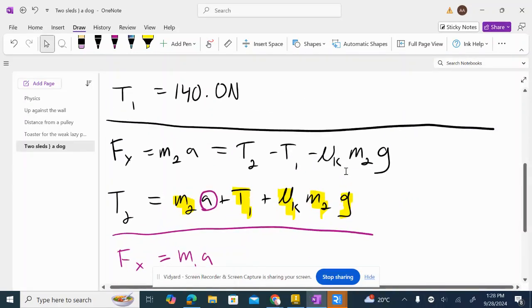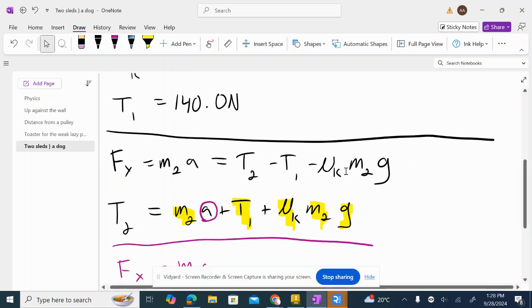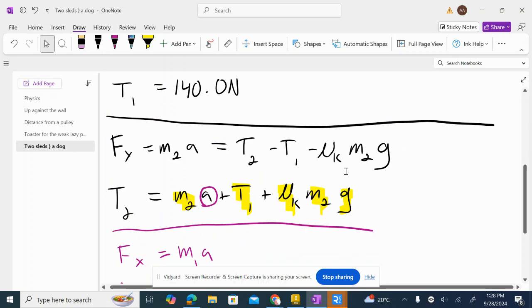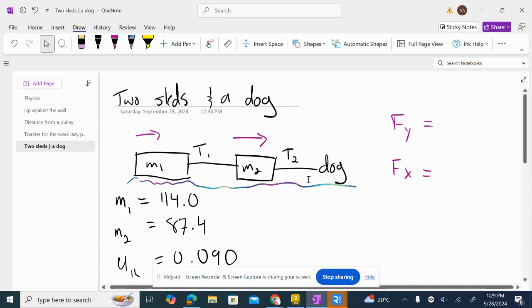We add T1, which is 140, plus mu k, which is 0.09, times M2, which is 87.4, times g, which is 9.81, which gives us 246.8816. You can round that, so it becomes 246.88 newtons, and that is how much tension is in T2.